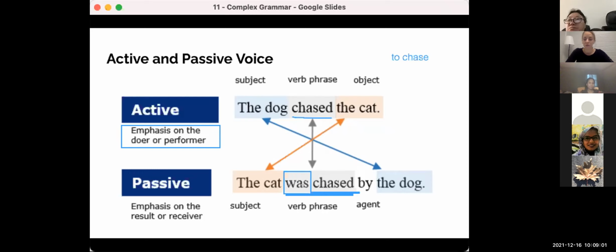In our active sentence here, chased is in the simple past tense. So we use be in the simple past tense. To create the passive, we use be and the past participle.